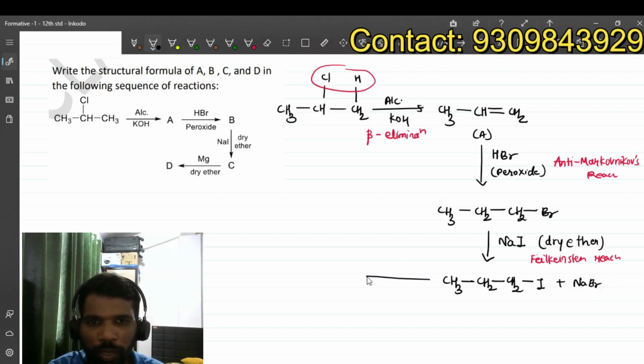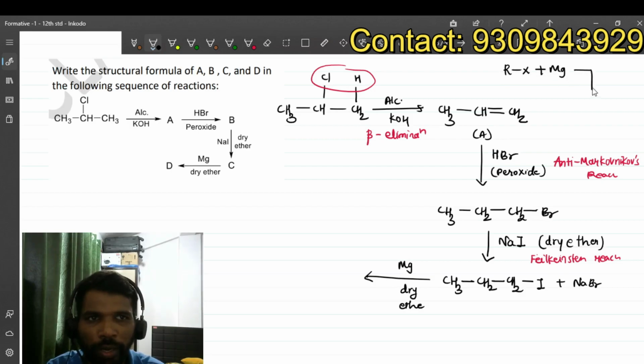Further from here to here, it is magnesium in the presence of dry ether. So this gives you a Grignard reagent. What is the Grignard reagent formula? When RX reacts with magnesium in the presence of dry ether, you get RMgX.